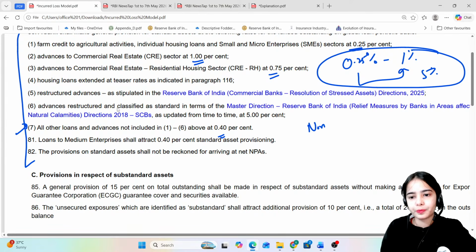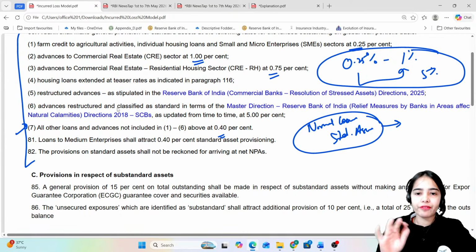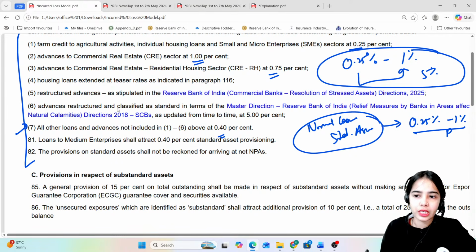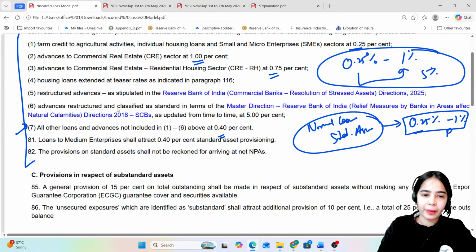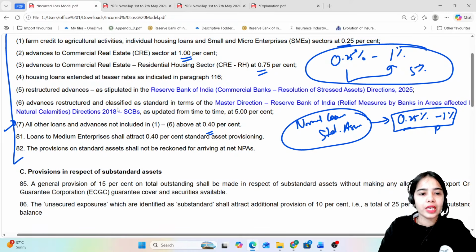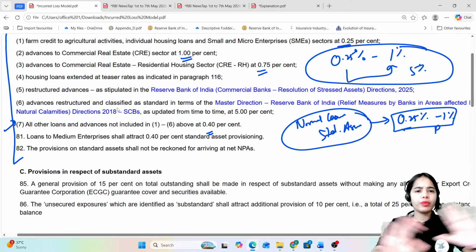For the normal loans, for the standard assets, the provisions were maintained within the range of 0.25% to 1%, when the assets are functioning normally.